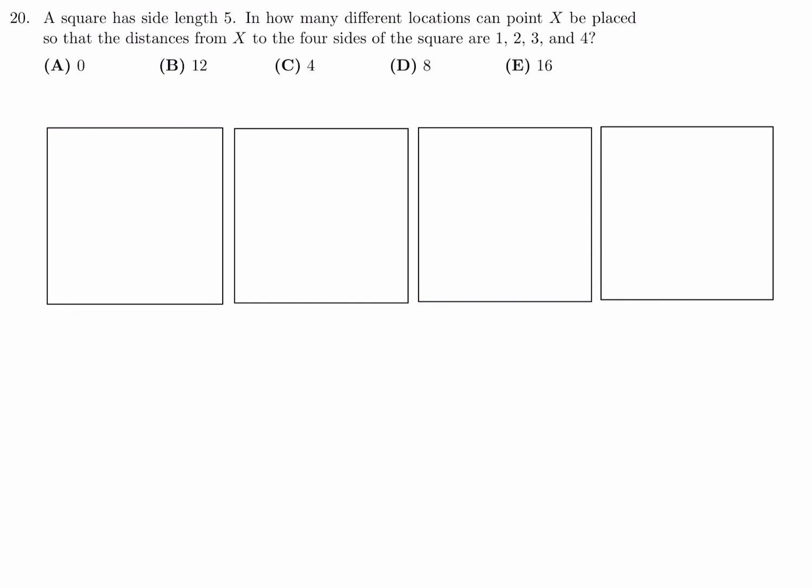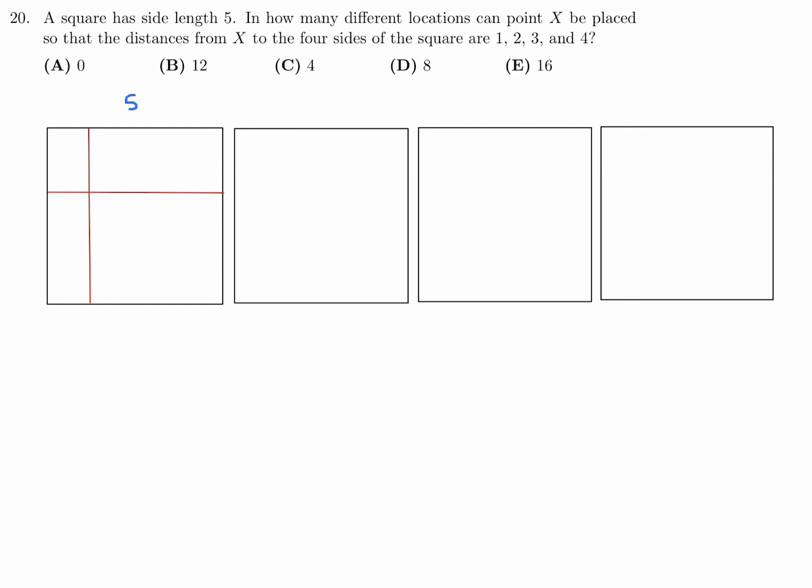So let's give a first scenario. Let's say we have a line that is approximately here, and I'm going to draw a line from here to here, and then I'll explain what I'm doing. So the square has a side length of 5, right?